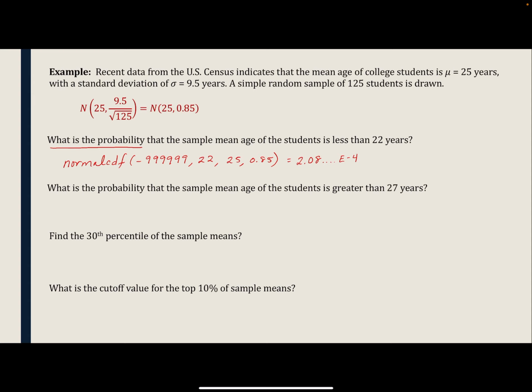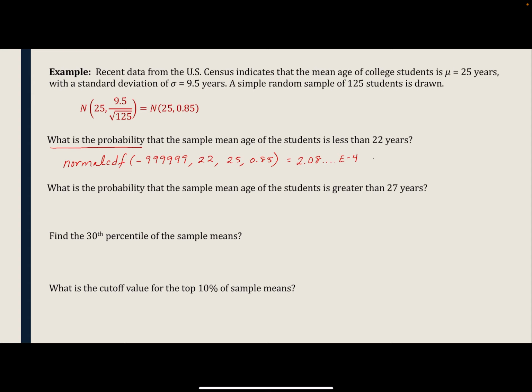What's happening is that this probability is so small that your calculator is writing it in scientific notation. And this e to the -4 means 10 to the -4 power. With scientific notation, it means that we back up the decimal point 4 spots, which means we're going to have 3 zeros in front of this 2.